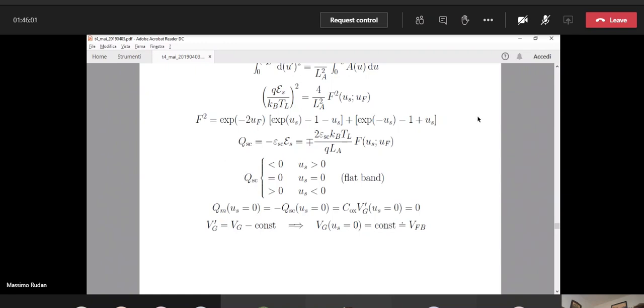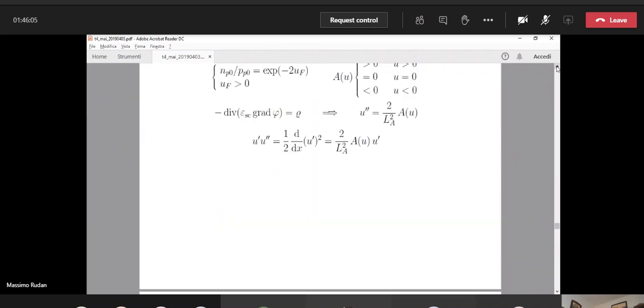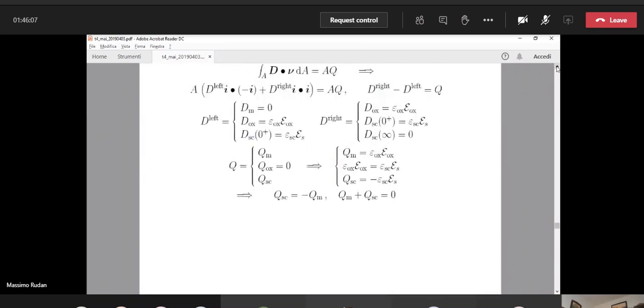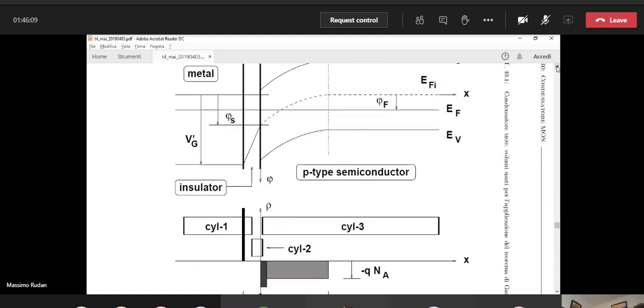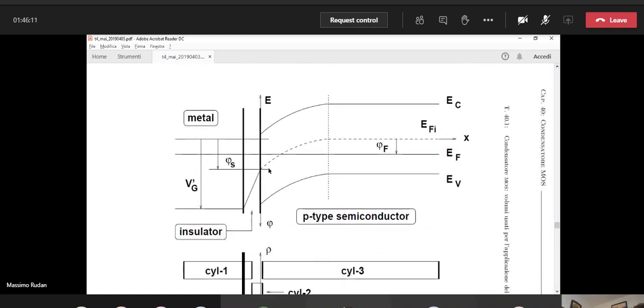Okay. Now, surface potential equal to 0 means that in this figure, this value of phi s goes to 0, so it goes up until it reaches this line that is the reference for the 0, okay? When that happens, also the bands become straight.